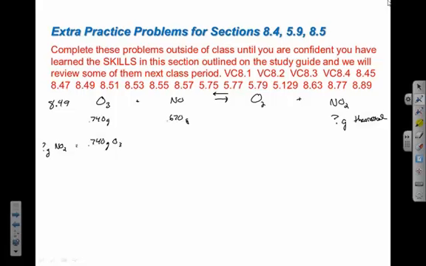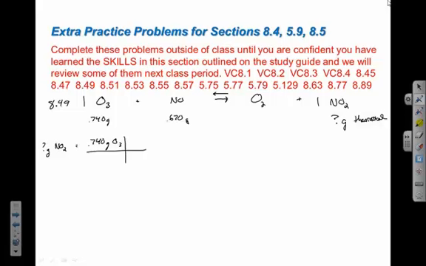I need to convert to moles first. The relationship between those substances is 1-to-1. It's not a 1-to-1 gram relationship, it's a 1-to-1 mole relationship. So the first thing I need to do is to convert this 0.740 grams of ozone into moles of ozone.